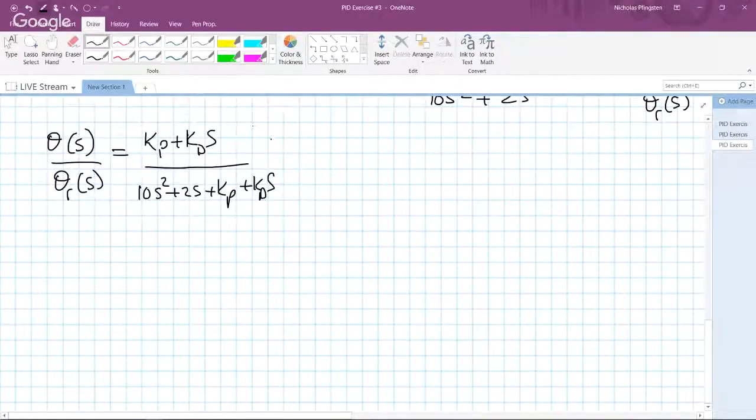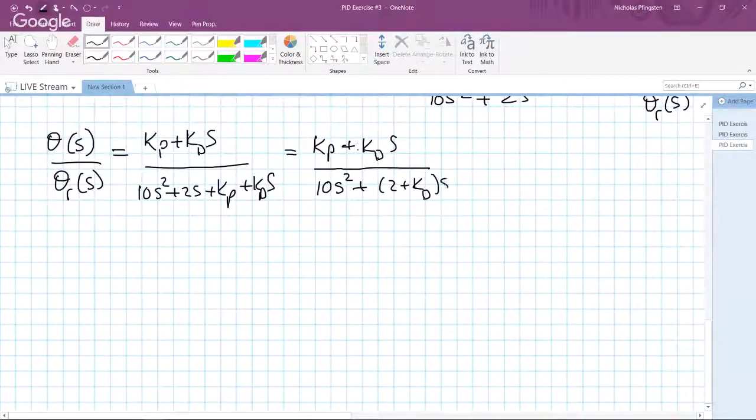So I'm going to do that now. Okay, so it'll be 2 plus k sub d times s plus kp. So that denominator tells us where this function is stable or unstable. We can find the poles from there.